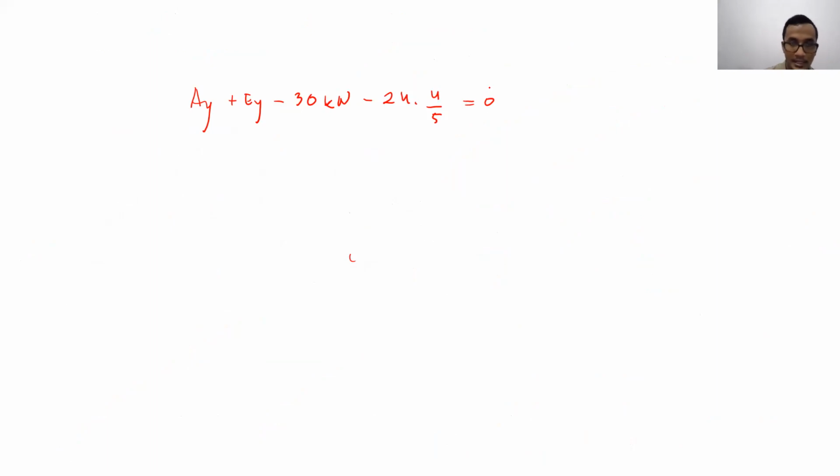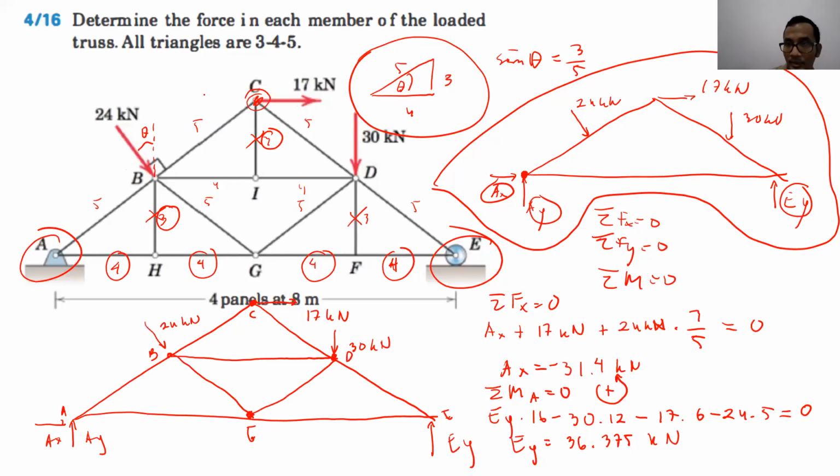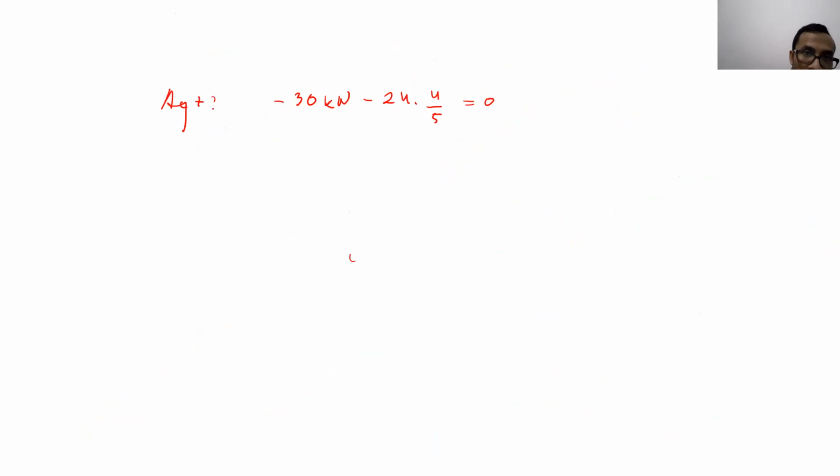We already know the value of EY, so we can replace EY here with its value. EY is 36.375 kilonewton. Okay, so it's like this, right?